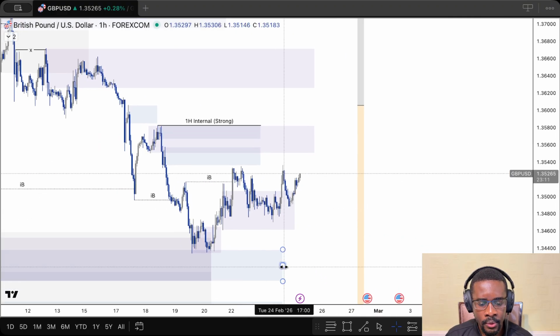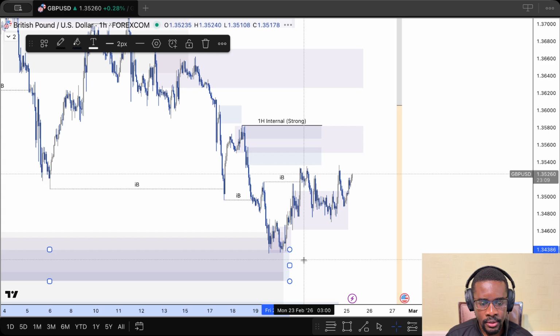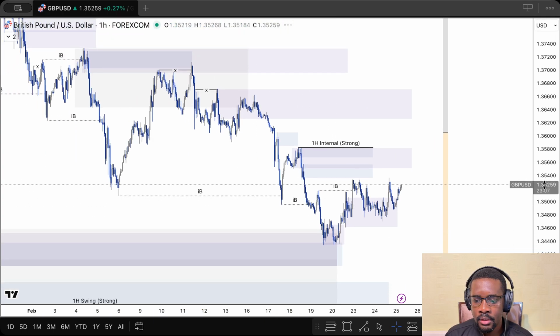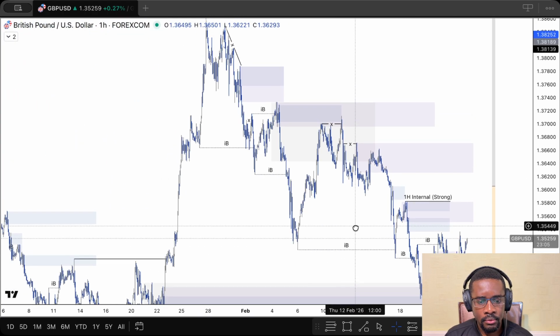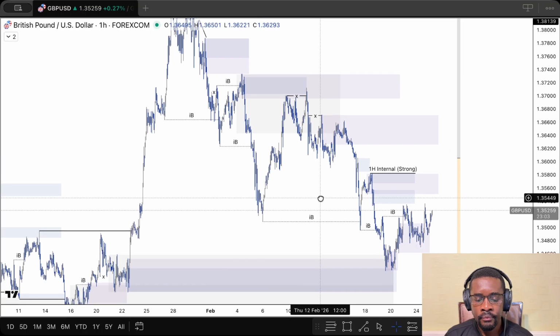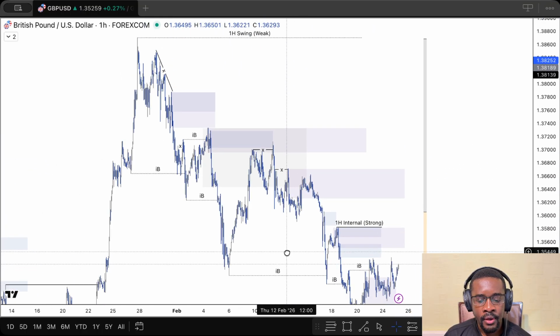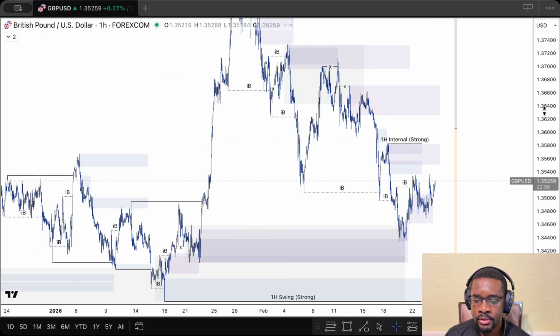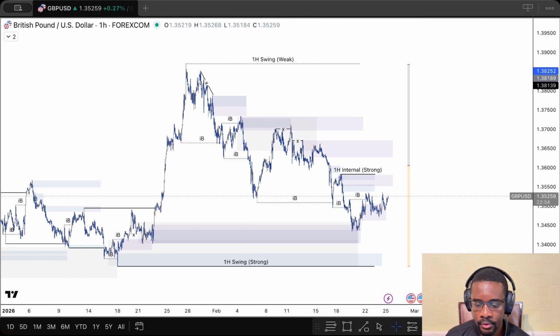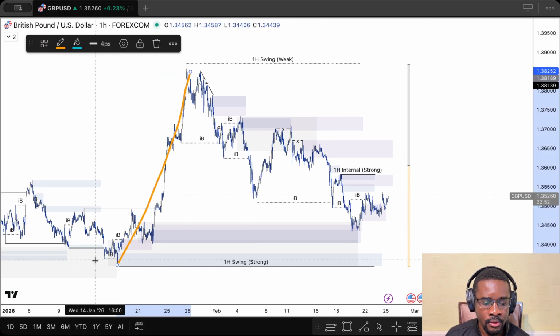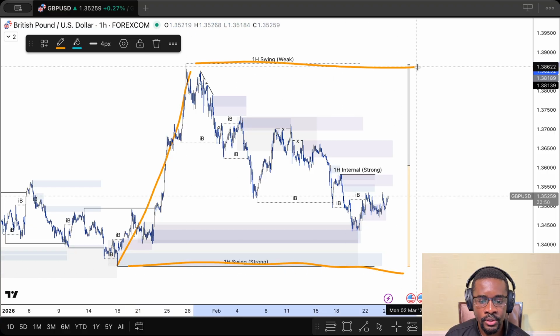Looking at the 1 hour, price has mitigated. Let's see. So our 1 hour swing is still bullish, as you can see from down there. This is our 1 hour swing, this is our swing range on the 1 hour.